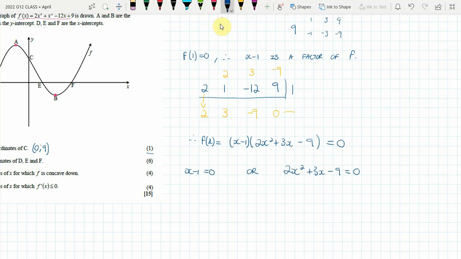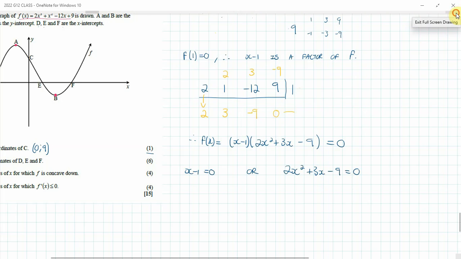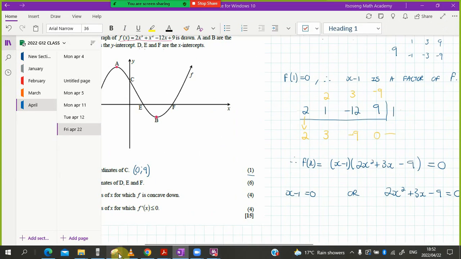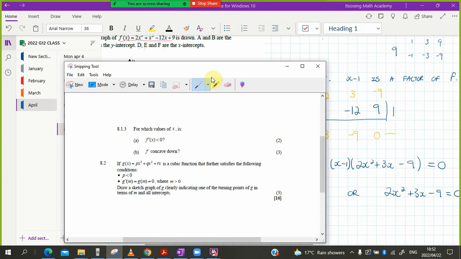So now, can we factorize this equation? Let's check the nature of roots.